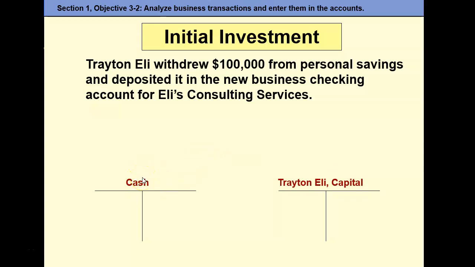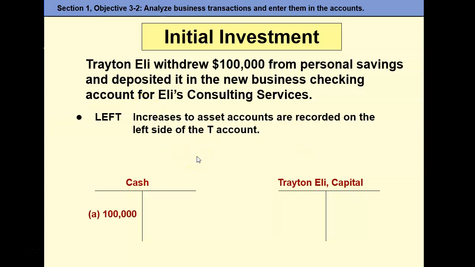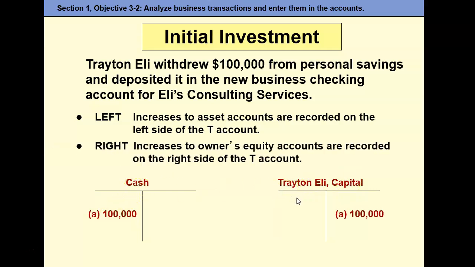Cash is an asset account and capital falls under owner's equity. Now you're ready to apply the rules of debits and credits. Cash is an asset. Assets increase on the debit side. Capital falls under owner's equity. Your owner's equity account, capital, will increase on the credit side.